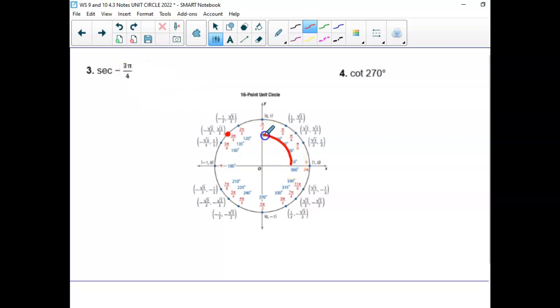Instead of going one quadrant and halfway to the next, it's doing it this way. So can you figure out where that is without converting it to degrees? I usually don't convert it to degrees. If you convert it to degrees, it's going to be negative 135. If you add 360 to that, you get 225. Somehow we got to figure out where it is. Okay, write the ordered pair down.